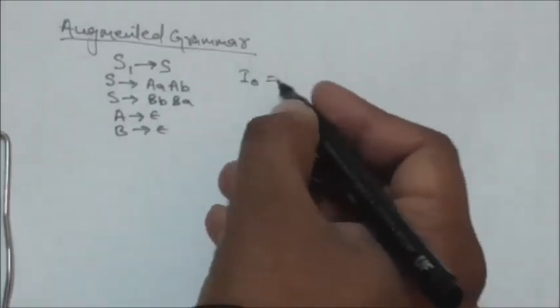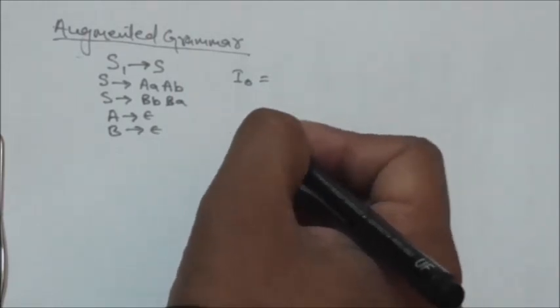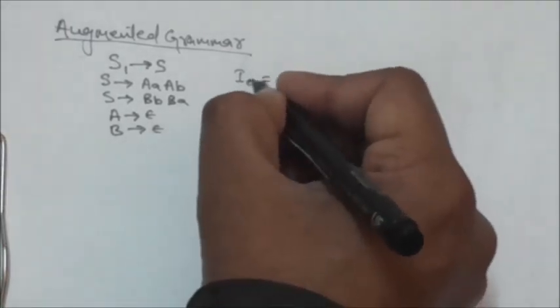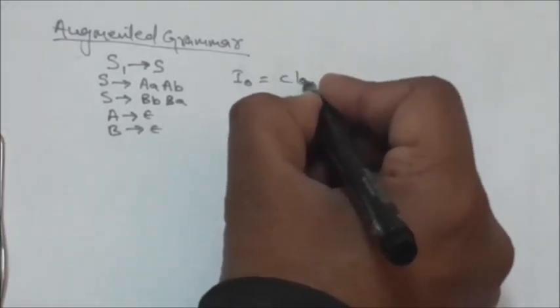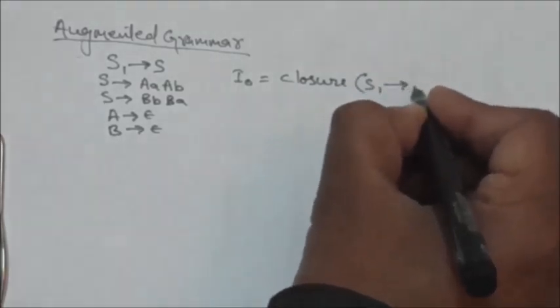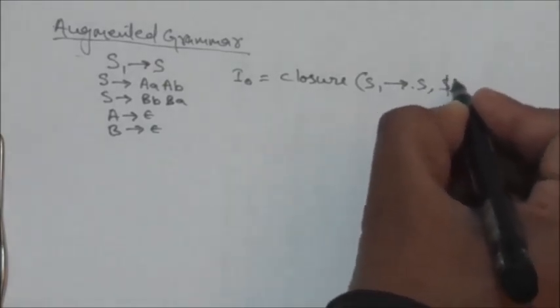So what would be the initial state of DFA? As I told you earlier that each state of DFA will be a set of LR1 items. So initial state of DFA will be the closure of this LR1 item. S1 derives dot S and look ahead symbol is dollar, right?